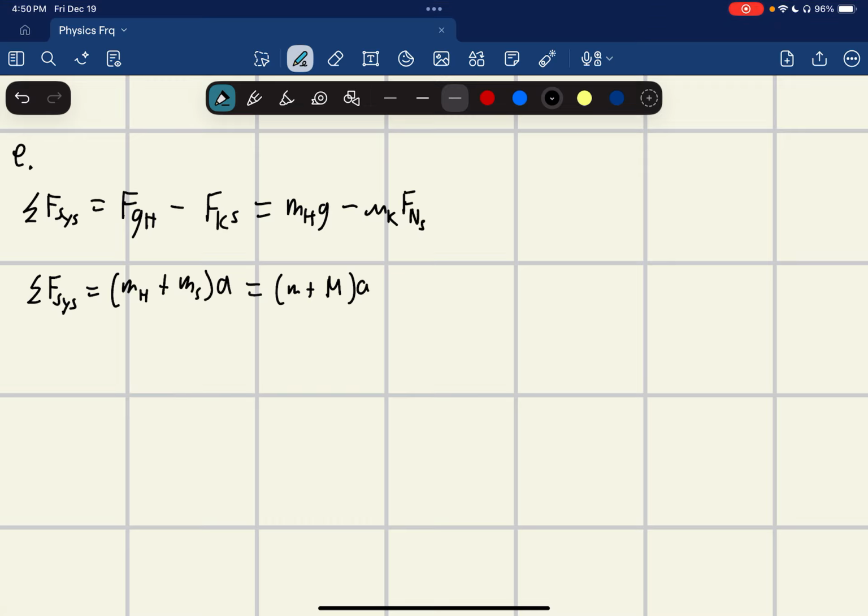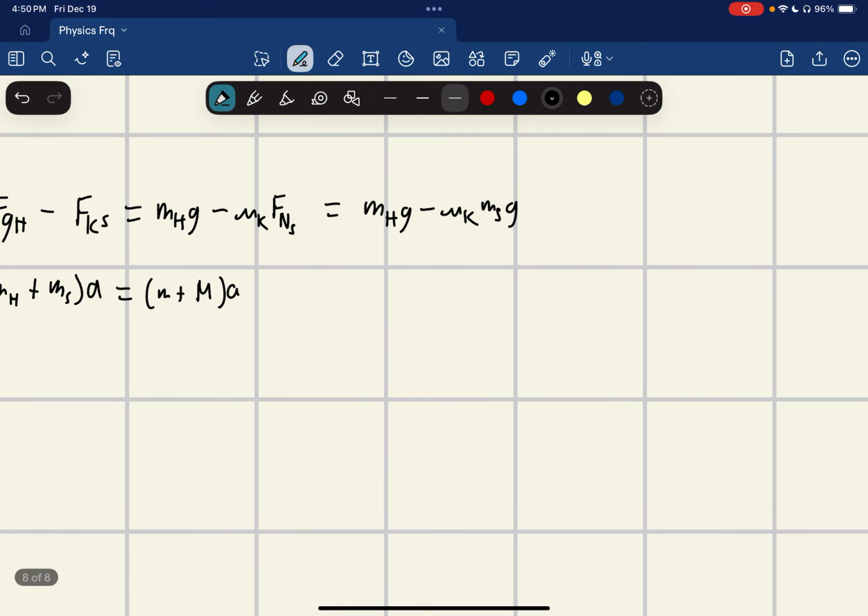And since on block S there's no vertical force being applied to it, then Fn will equal Fg, so this will make it equal to mHg minus mu k mSg, which equals lowercase mg minus mu k uppercase M times G.